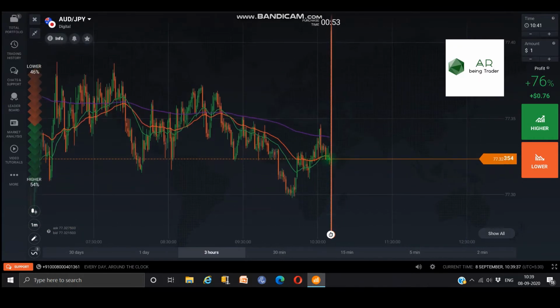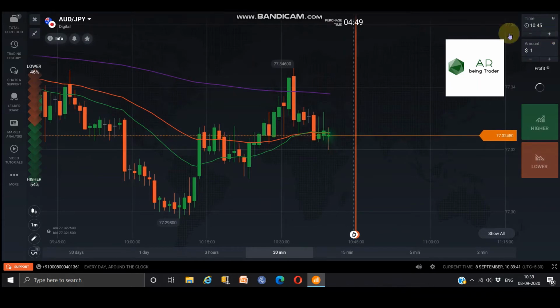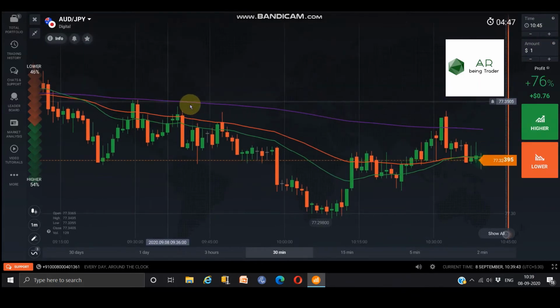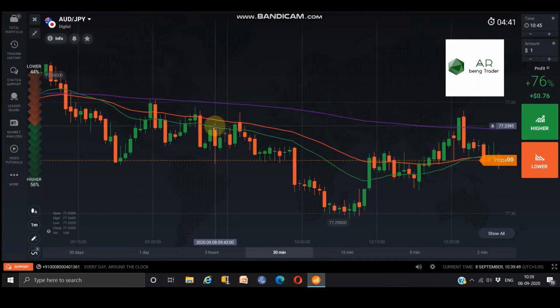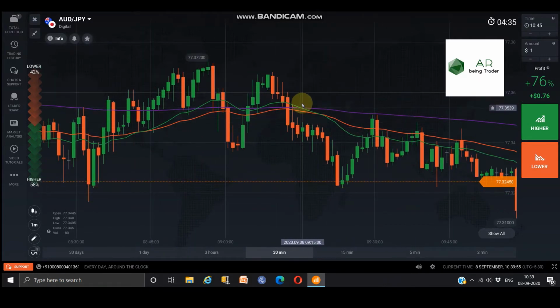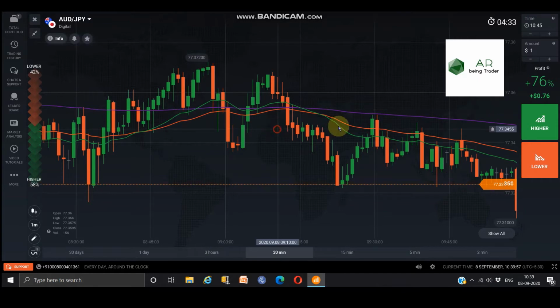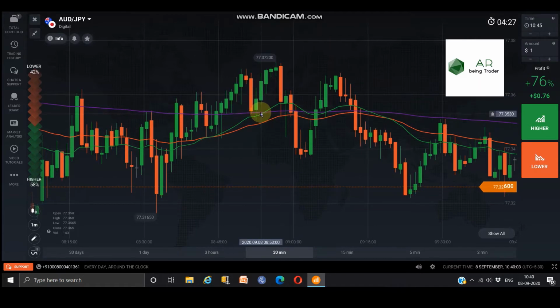You can see here it's a downtrend. Why? Because this purple EMA is a 200 EMA, this red one is a 50, and this green one is a 26. These are the crossovers: the 50 and 26 crossover, and the 26 and 200 crossover.